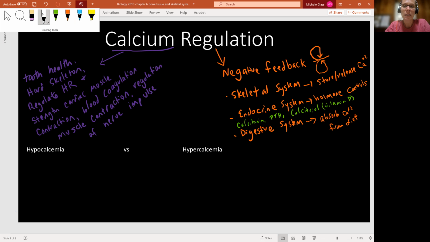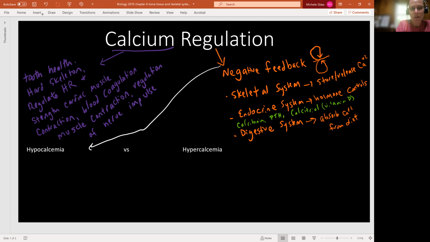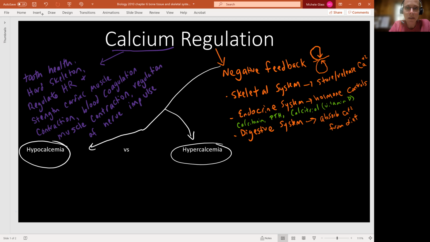Now, remember I said calcium regulation, that negative feedback mechanism, could be like a super big figure eight or like a super tiny one if we're just doing a little tweak. So down here, we have the situations when we need to do a super big figure eight. So we have the two extremes, hypocalcemia and hypercalcemia. Calcemia is, of course, referring to calcium. So hypo is below.